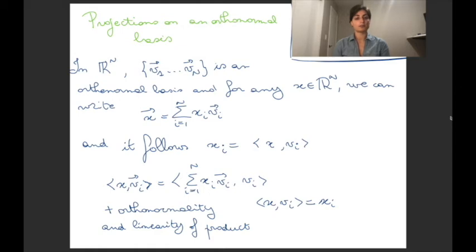So we're left with the equation that xi is indeed equal to the inner product of x with Vi.